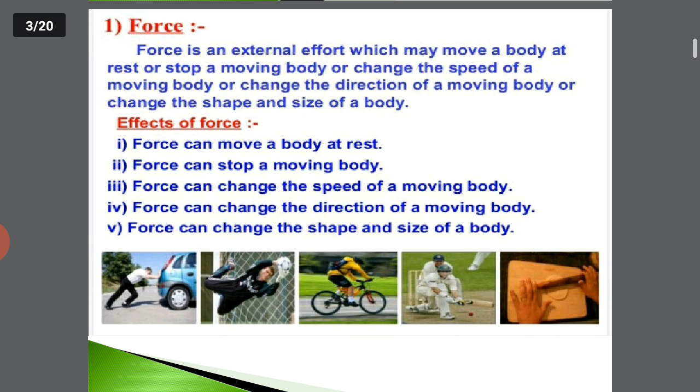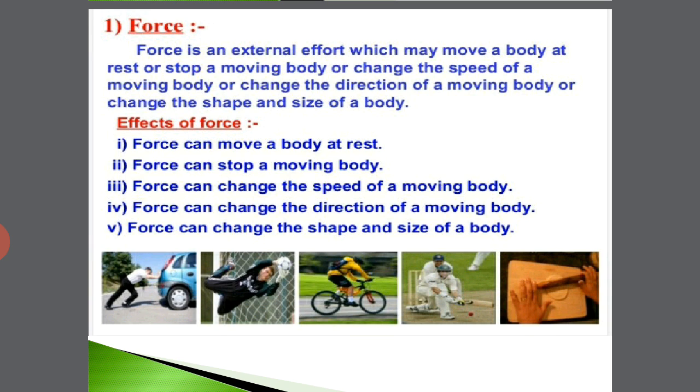Force. Force is either a push or a pull. Either it changes or tries to change the state of an object.